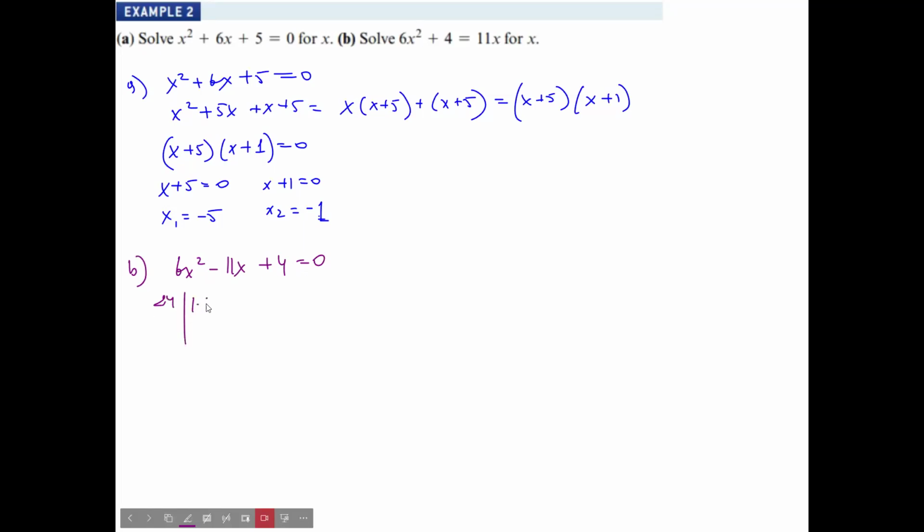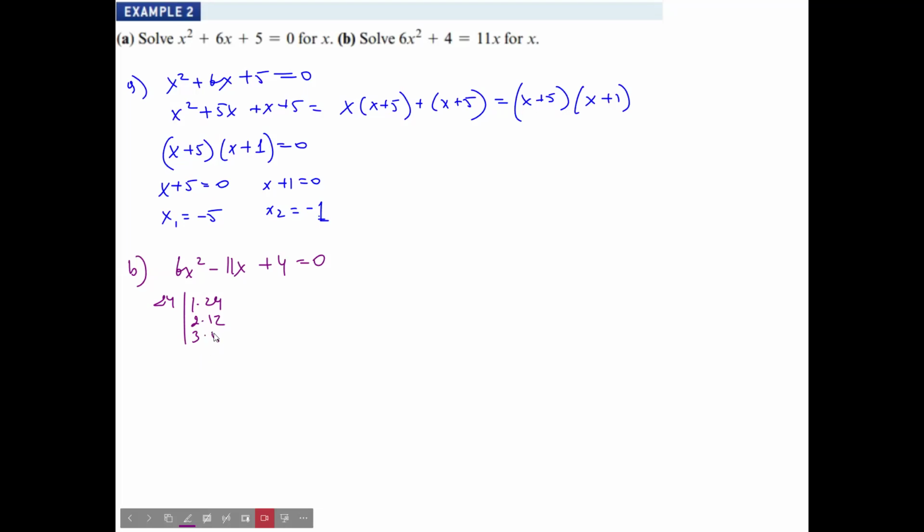So 1 times 24 doesn't work. 2 times 12, no. Then 3 times what? Is it divisible by 3? 8, yeah, 8. Is 3 working? 3 times 8, looks like it, right?